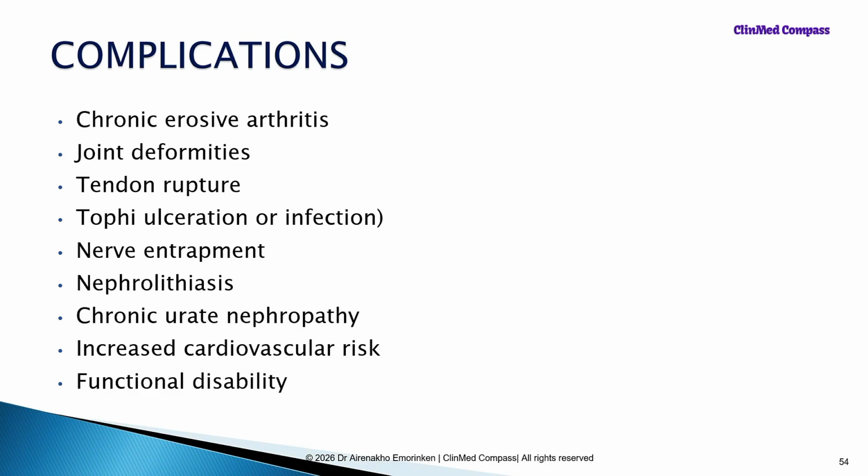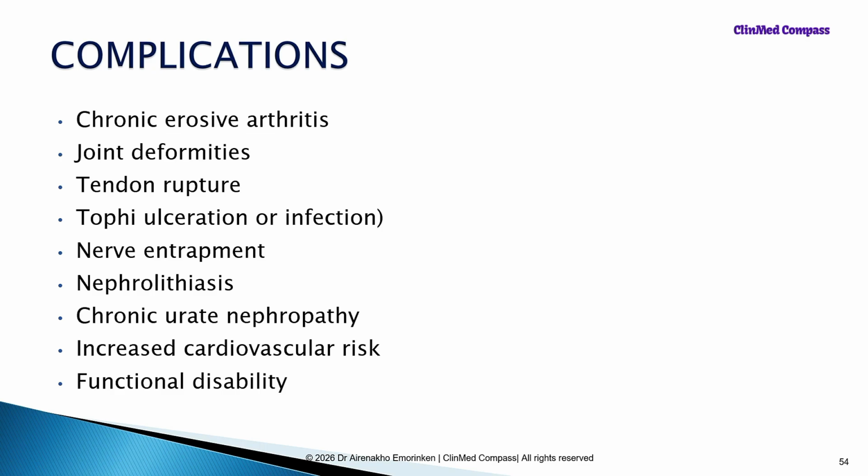Untreated or poorly controlled gout leads to serious complications. Musculoskeletal complications may include chronic erosive arthritis, joint deformities, tendon rupture, tophi ulceration or infection, and nerve entrapment syndromes. In the renal system, nephrolithiasis and chronic urate nephropathy contribute to chronic kidney disease.